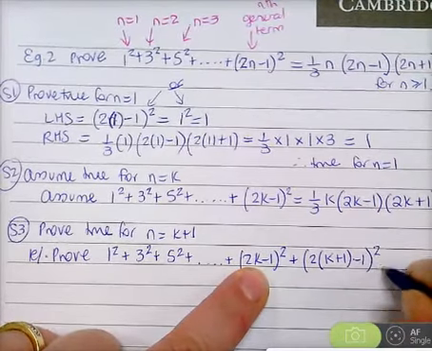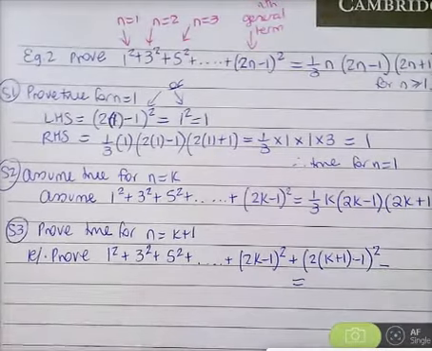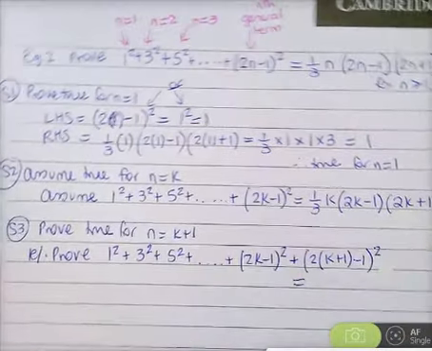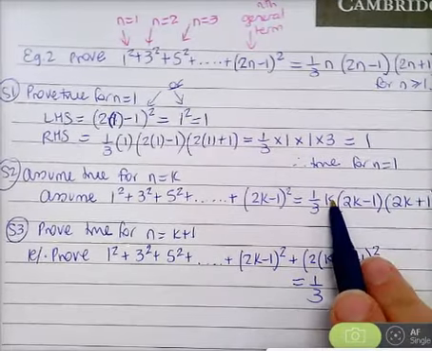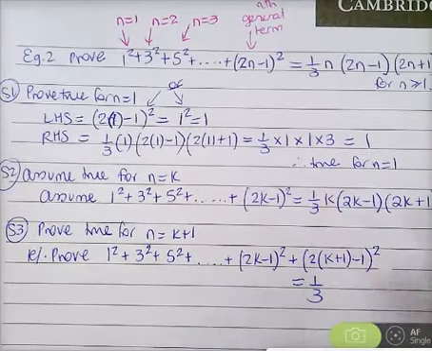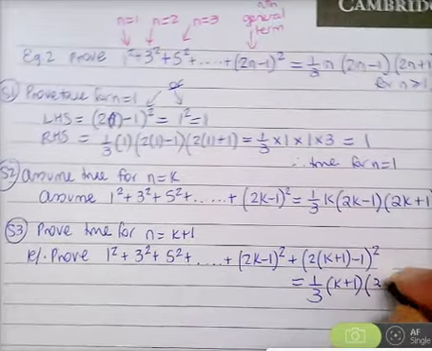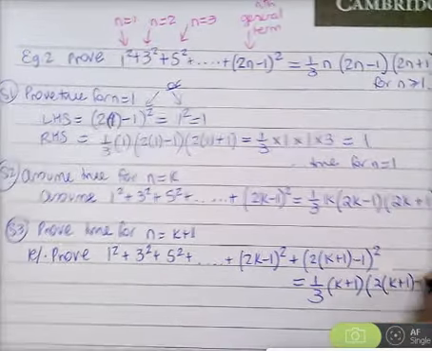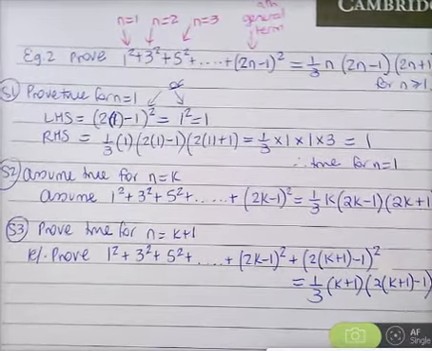We're trying to prove that that is equal to, and I'll have to put it on the next row because I've got no room, this but replacing the k with the k plus 1. A third bracket k plus 1, 2 bracket k plus 1 minus 1, 2 bracket k plus 1 plus 1.